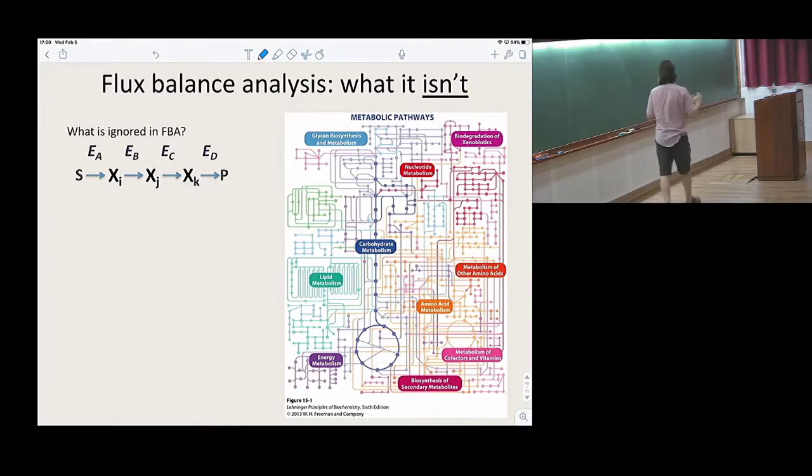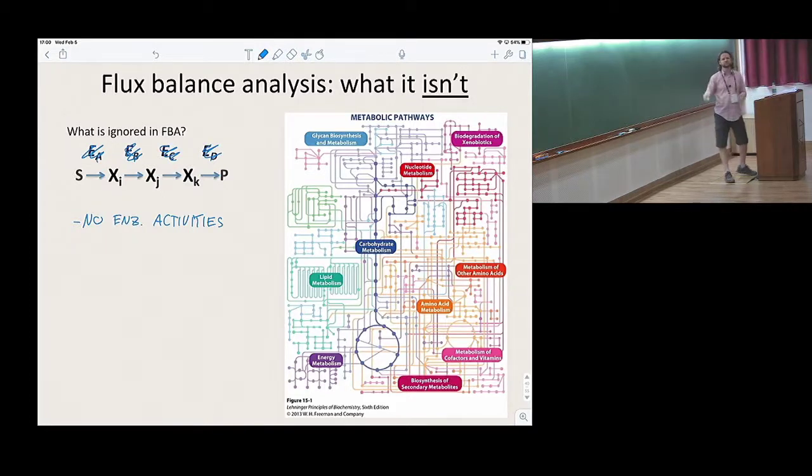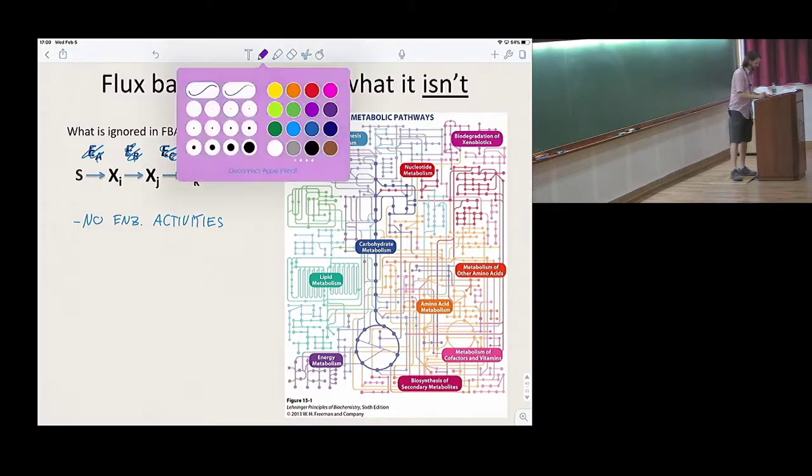It says, well, let's not explicitly consider enzyme activities. We just know that they exist. As long as I know that they can happen, I don't care how much, or what their Vmax is, or what their Kms are, or anything. As long as I know that it can happen. Okay, that certainly simplifies the world.